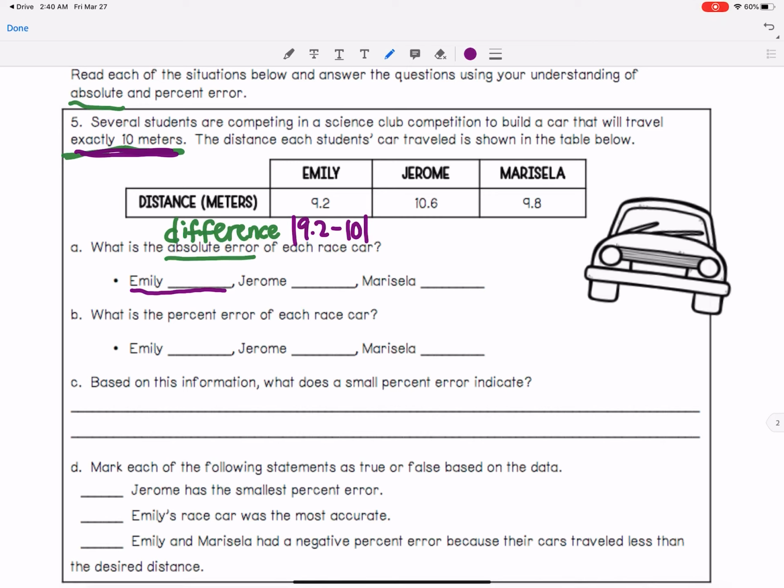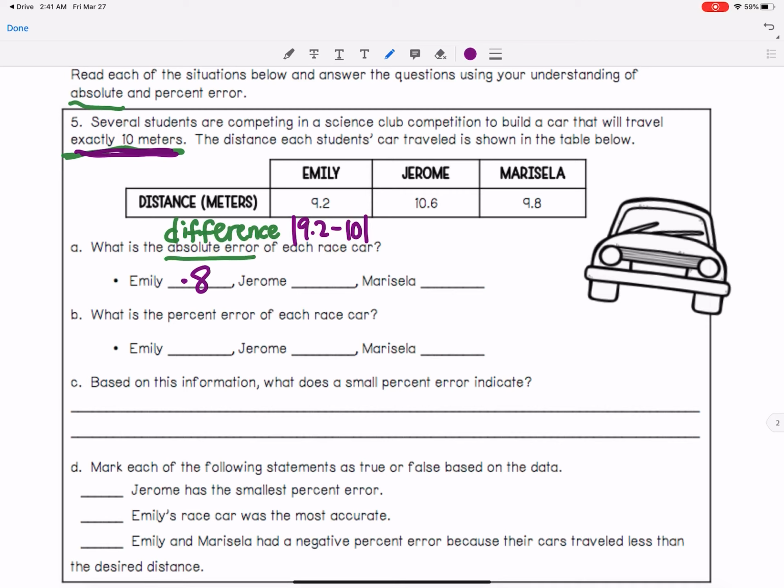Now, when I do that, I'm going to get the absolute value of negative 0.8. Let's see if that's correct. 9.2 minus 10 gives me negative 0.8. Well, that just gives me a positive 0.8. So your answer right here, what's the absolute error for Emily, is going to be 0.8.